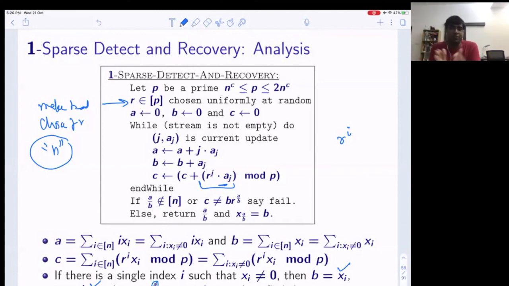And this is why it is called geometric sampling, because you are geometrically reducing the probability of each vector. So basically, if you could come up with a vector which could just hit one entry of your x, then that will be great. But creating that vector deterministically without looking at x is very difficult.